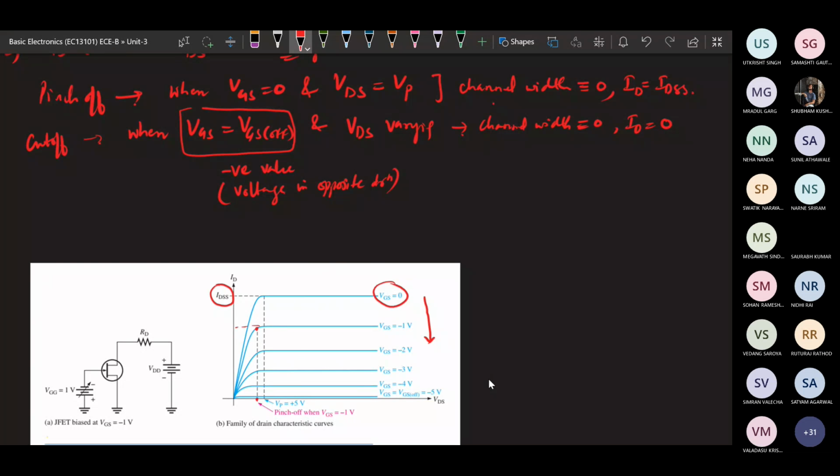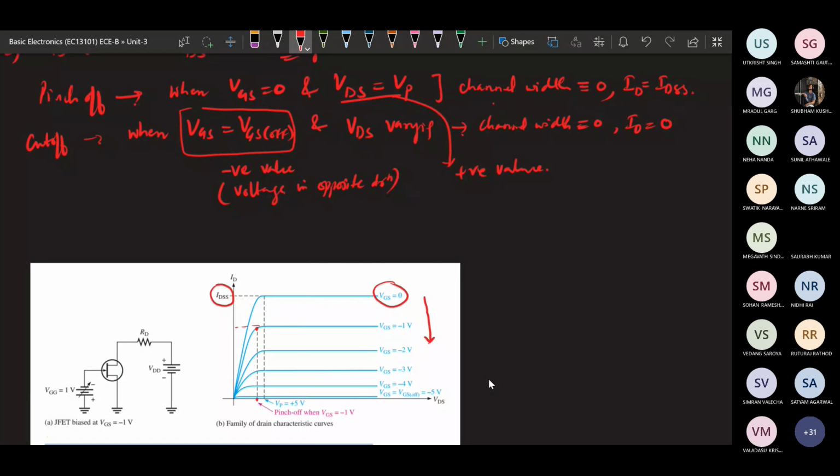We are applying the negative direction. But here VDS, in the case of pinch off, is a positive value. So VDS has the VP pinch off point, and there is the cutoff point.